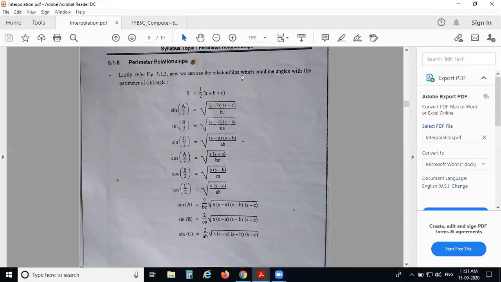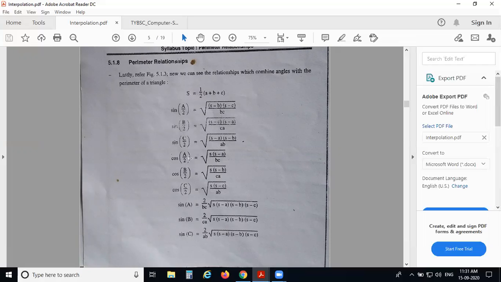Then sin B upon 2 is equal to square root of S minus C into S minus A divided by CA. Then sin C divided by 2 is equal to square root of S minus A into S minus B divided by AB.